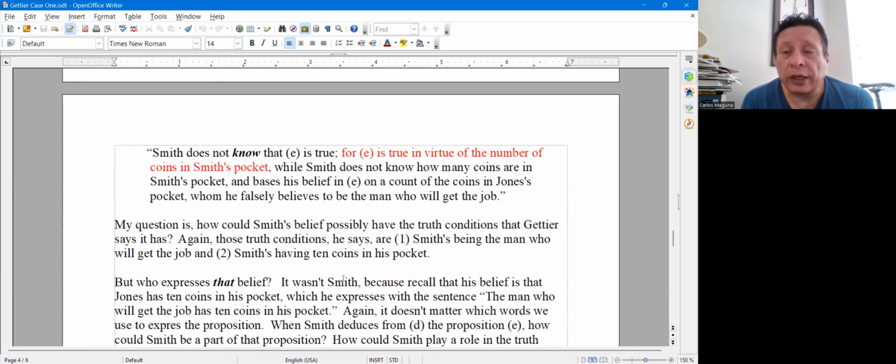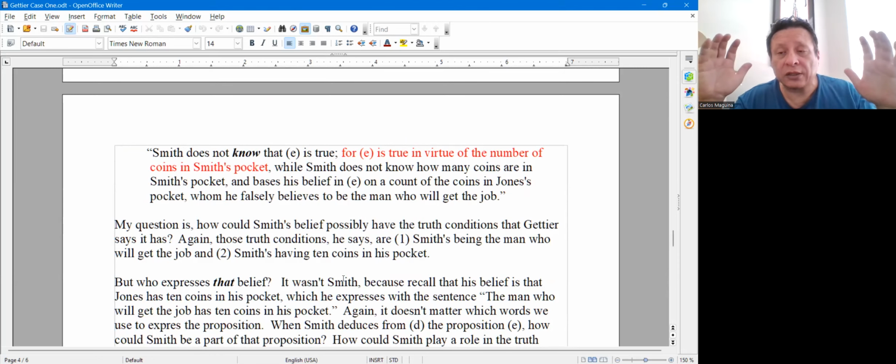So my question is this: if Gettier is right about the truth conditions for Smith's belief, it's the only relevant belief in question. There's nobody else's belief. There's not Gettier's belief, there's not your belief, and there's not some platonic belief floating in the air somewhere, right?